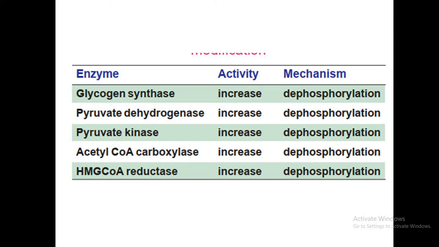The enzymes which are activated are glycogen synthase, pyruvate dehydrogenase, pyruvate kinase, acetyl coenzyme A carboxylase, and HMG CoA reductase. These are the enzymes whose activity is increased.